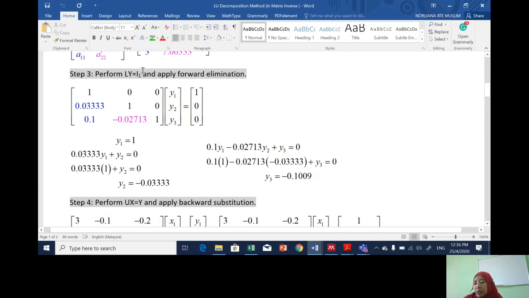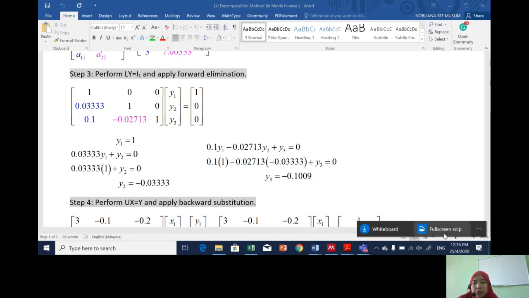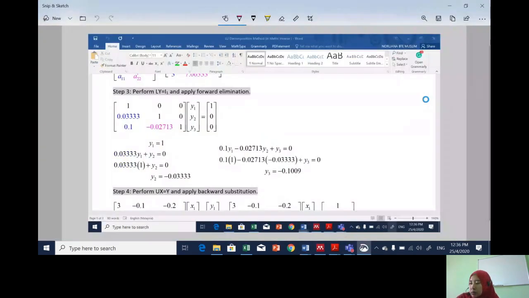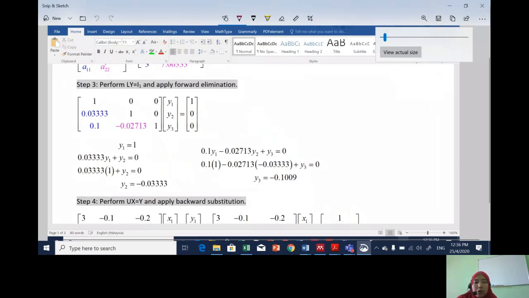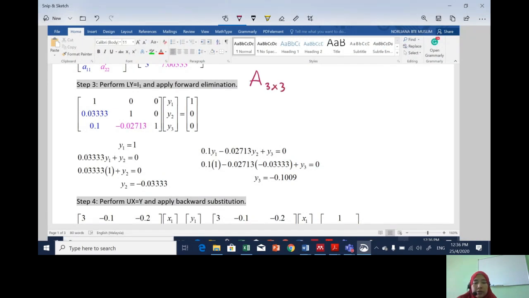I in a matrix means the identity matrix. For a 3 by 3 matrix, if we have matrix A whose size is 3 by 3, with 3 rows and 3 columns, then the identity matrix is equal to this form.